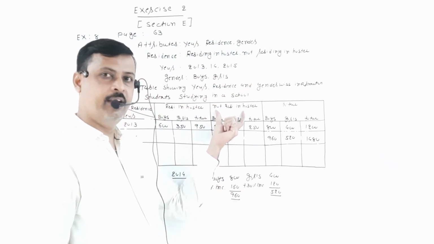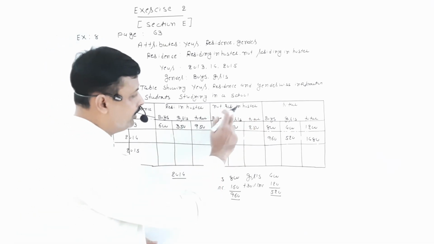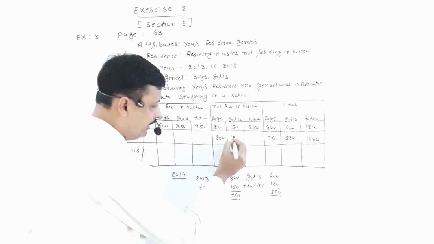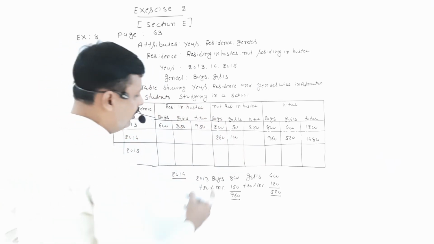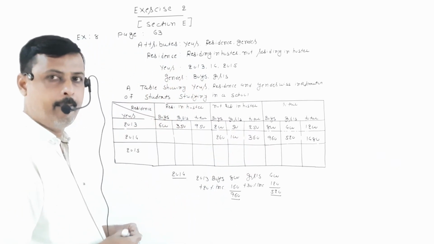So not residing in hostel, 260 boys. So not residing in hostel boys 260 and girls 100. 260 plus 100 become 360.